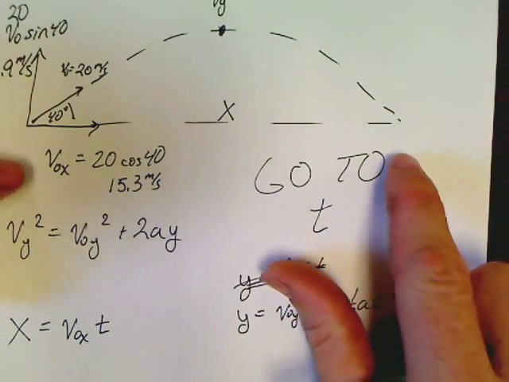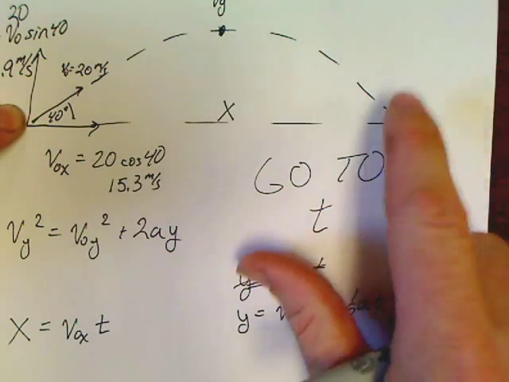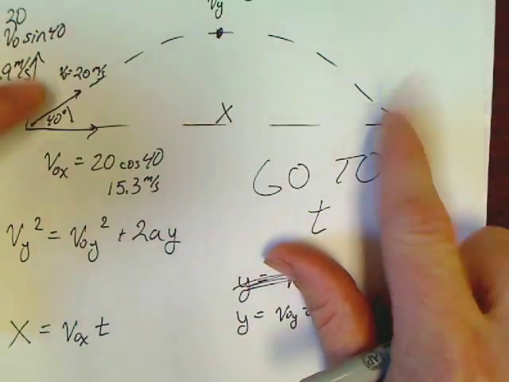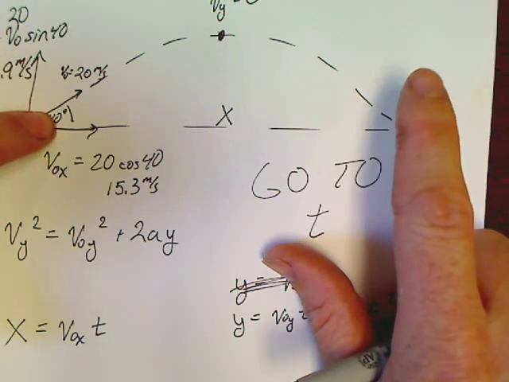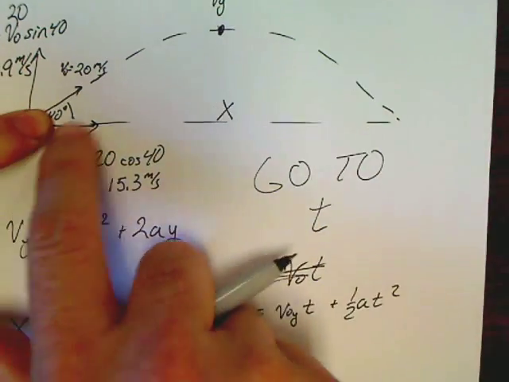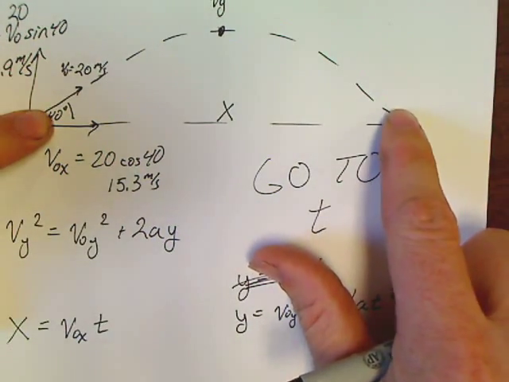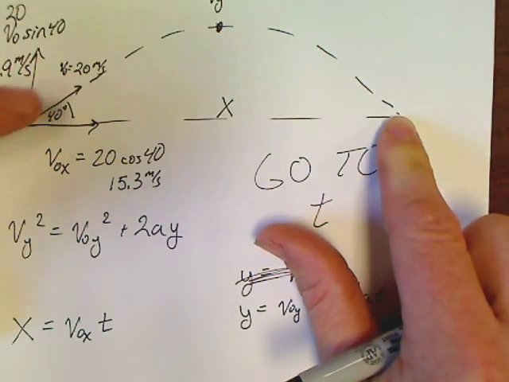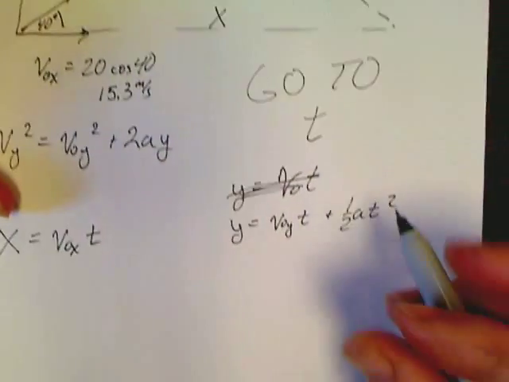What is my y for this? I went up and I came down. What is my vertical displacement? I started here, I finished here. Yeah, that's x, but in terms of y, it's like going up and back. My y is 0.